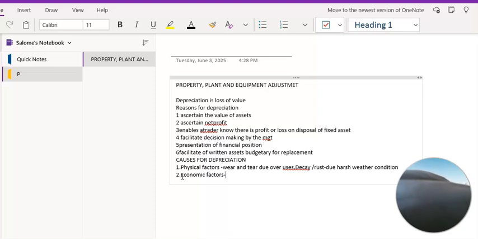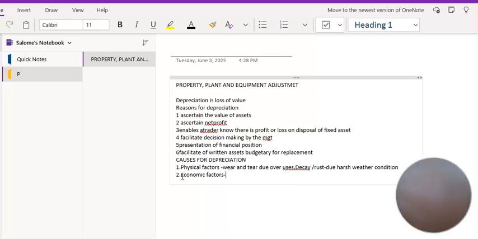Another thing under economic factors is when there is an improved equipment, a new technology equipment, it can lead to the old technological equipment losing value. Sometimes if these PPEs are left without being serviced and maintained, they lose value.